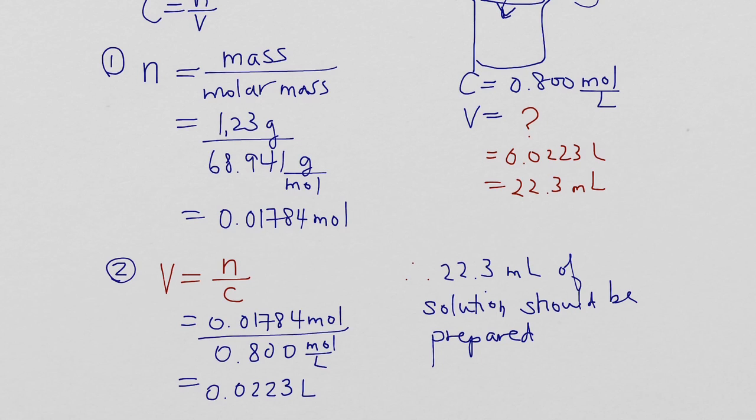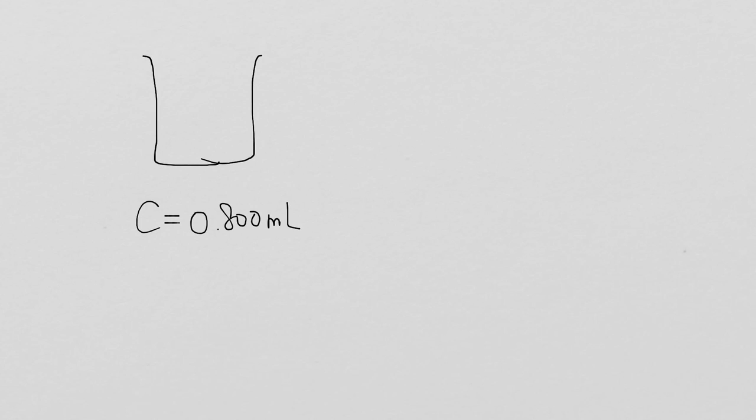Now, as an extension of this, imagine you have made a solution. It's right now 0.8 molar because the volume of solution is 22.3 mL. So we'll kind of make it like that.